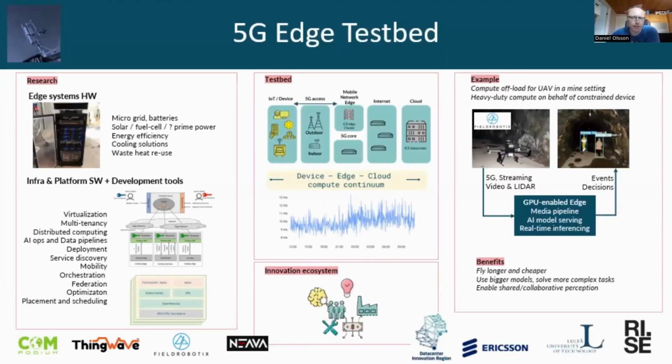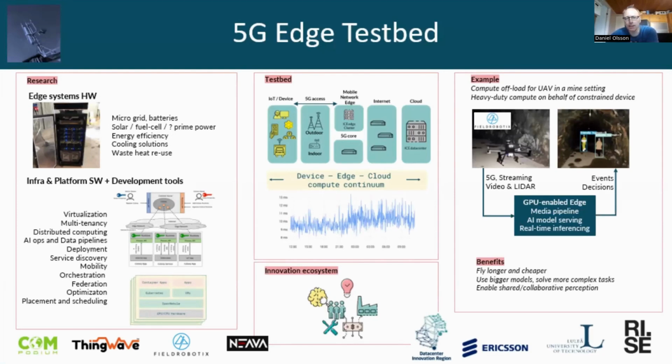And in addition to the data center, we have, together with Luleå Technical University, a 5G edge testbed. This is a Telia and Ericsson 5G network that is deployed there. And in this network, a feature called local breakout is enabled.